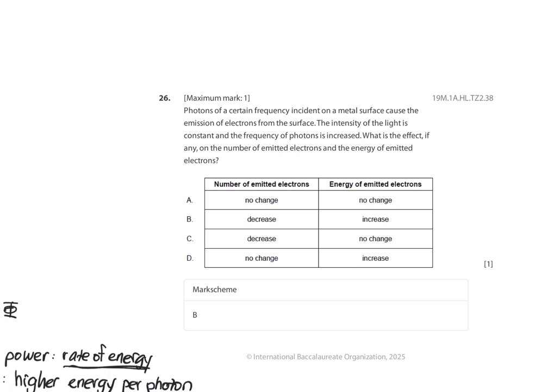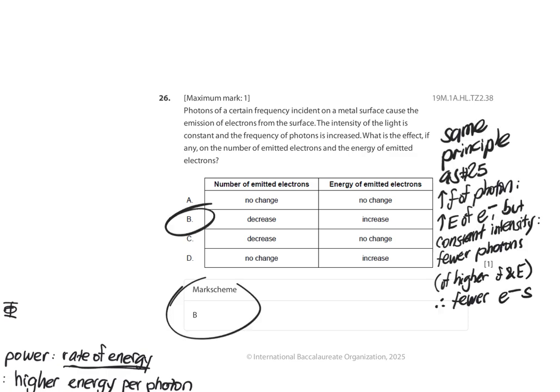And now we have 26, the last question. 26 is asked differently, but it's the exact same principle as number 25. Increase the frequency of the photon. That'll increase the energy of the electron because it's hf minus the work function.